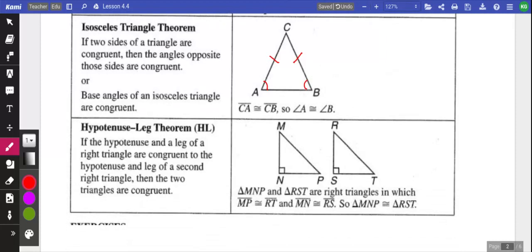Then we have the hypotenuse leg theorem, and this only works for right triangles.